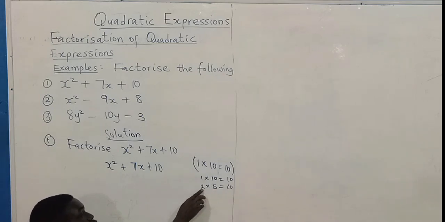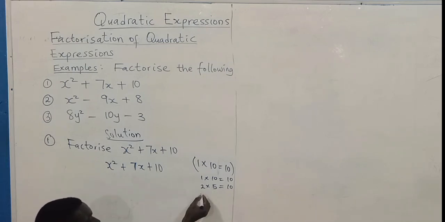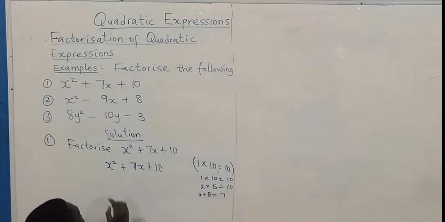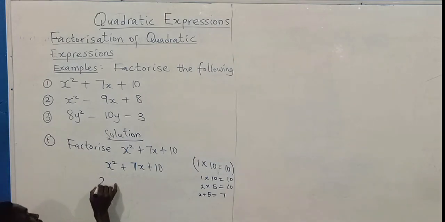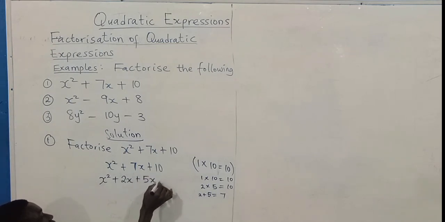So we are going to use 2 and 5 to replace 7, because 2 plus 5 will give to us 7. So we are going to get here x squared plus 2x plus 5x plus 10.